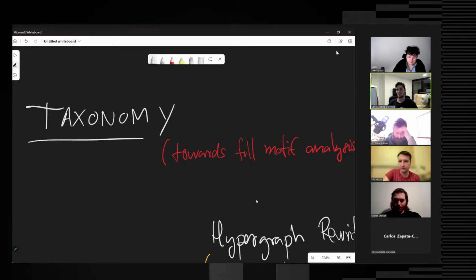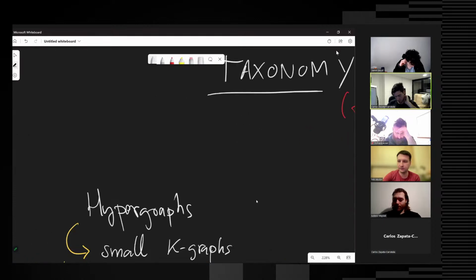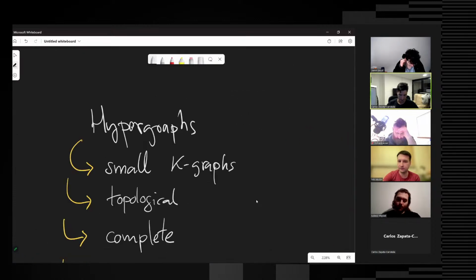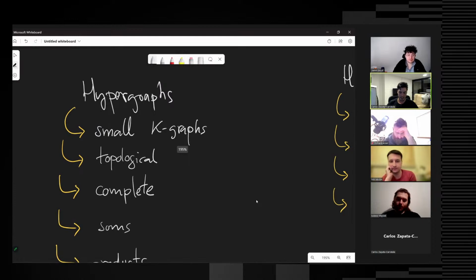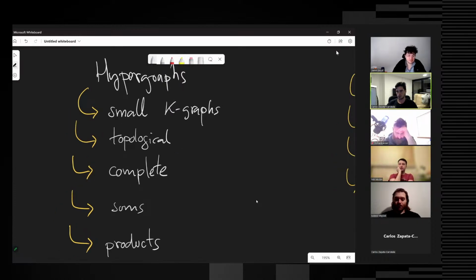But we're actually kind of in the middle of nowhere when we have such a wildly general thing. So the first thing I want to do is to briefly outline the types of hypergraphs that I think are relevant to begin to look at.